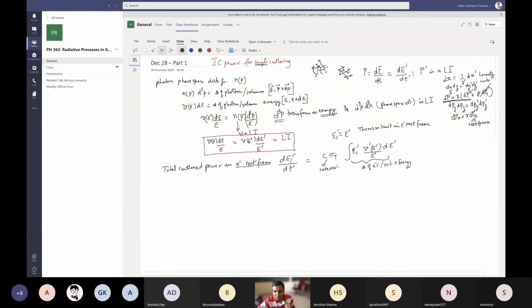So we can just replace it by epsilon prime, and we can put a square here.